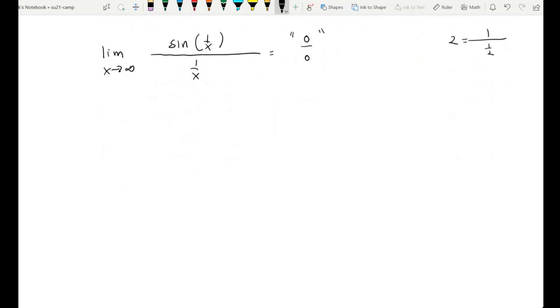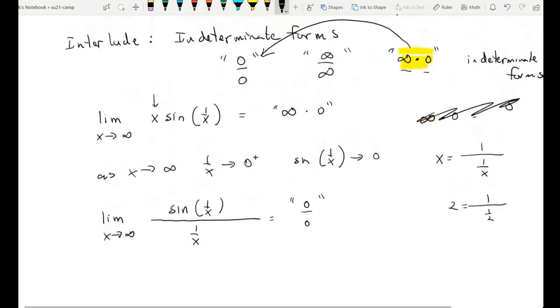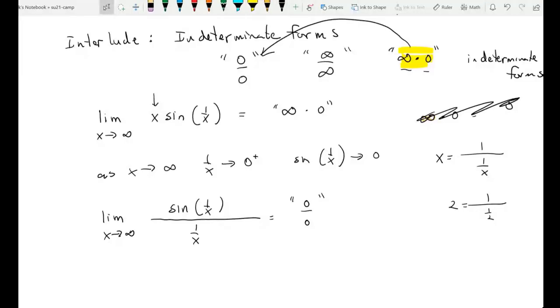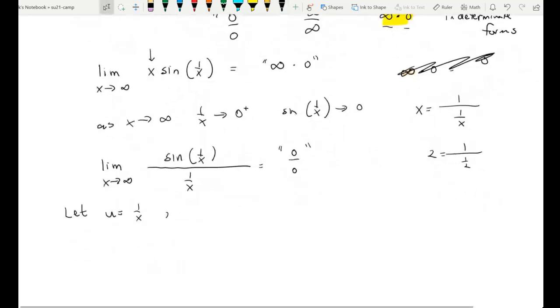So now what is this limit? This is like a pop quiz if you were here yesterday. Well, if we let u equal 1 over x, we get that this expression becomes sine of u over u. All I did is replace 1 over x with u, because we defined it to be u.